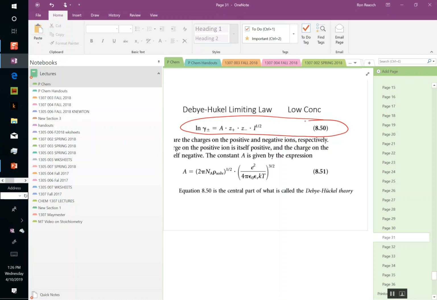The chapter talks about the Debye-Huckel extended law, but the exam won't deal with that. We're only doing the limiting law? Only the limiting.